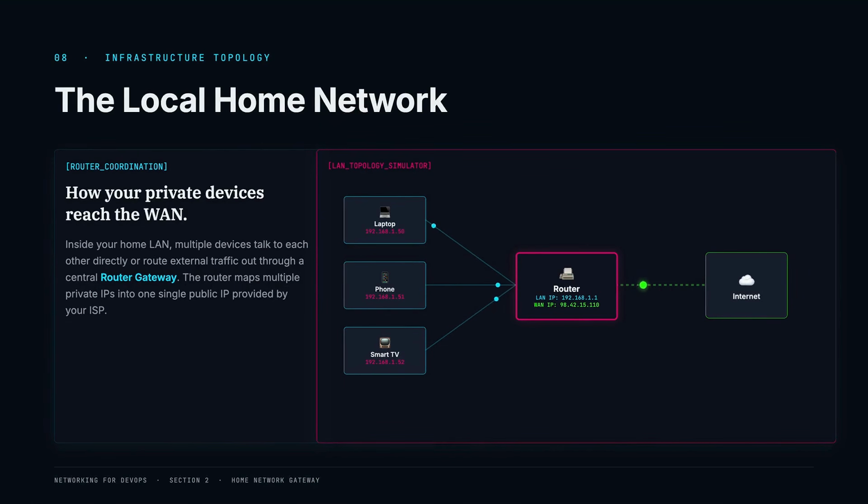All these private IPs, or all these devices, will connect to your router, and then the router will take it forward with a public IP. This enhances security. And this magic is achieved by using NAT, which we'll discuss shortly.